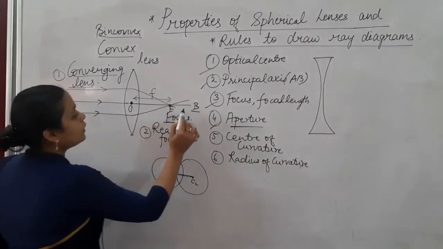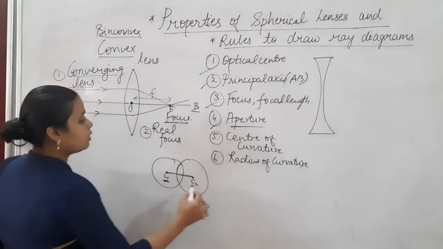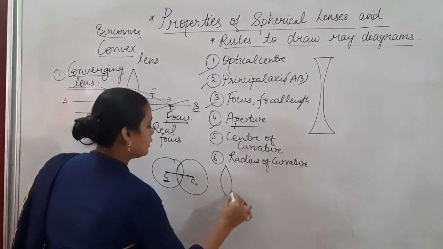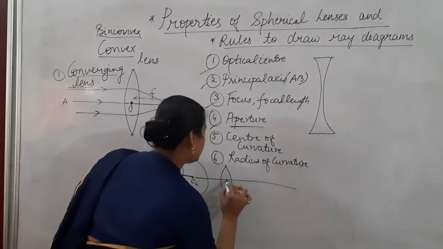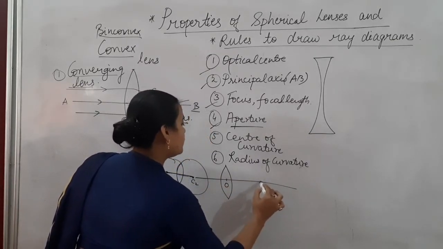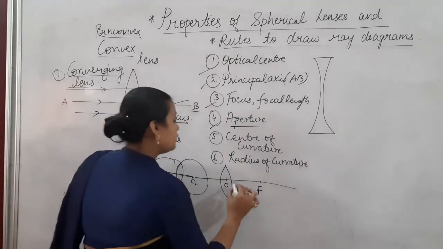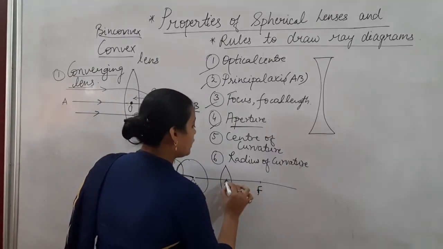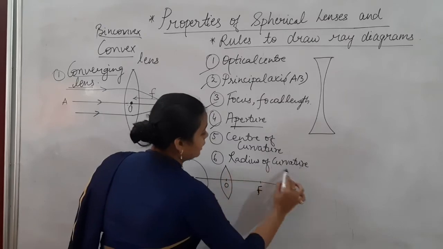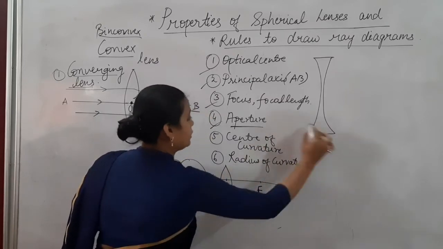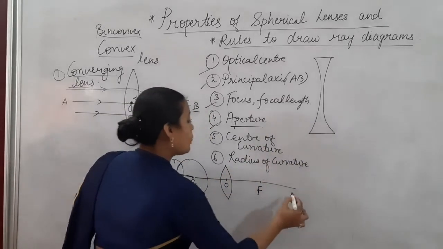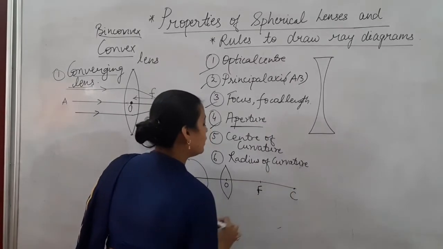So here if we try to draw, just understand it here that if this is the optical center, and this is the focus, small f. Let us consider that if it is such a big type of sphere, its center will be here.